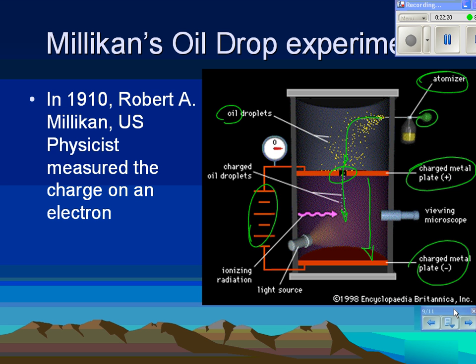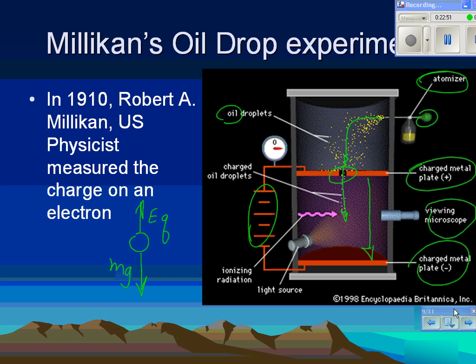He adjusts the voltage, looking through his viewing microscope, until he can just get one of the drops to hover. Okay? So he sees them falling, he turns up the voltage, they're slowing down, and as soon as he gets one to hover, he stops. And he measures the voltage. At that point, he's got an oil drop that has gravity pulling it down and exactly the same electrical force holding it up.